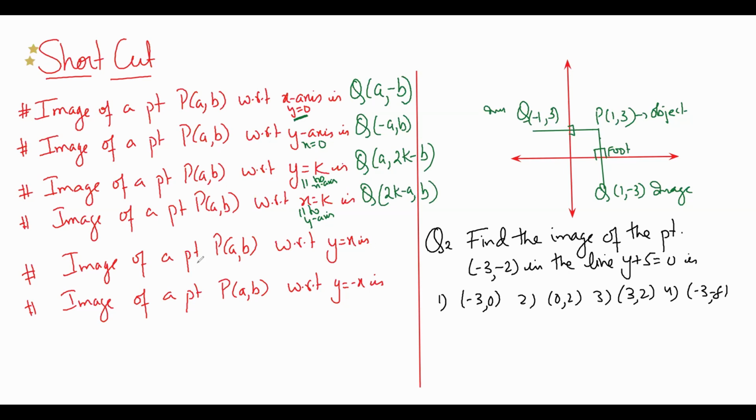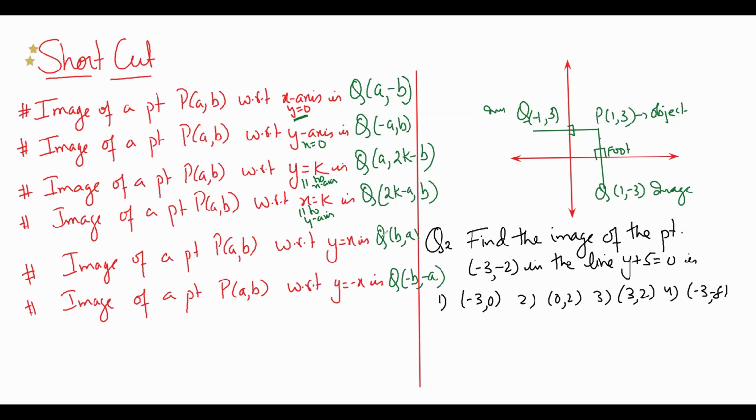Now if you have to find the image of a point (a, b) with respect to y equal to x, this is a bisector of the coordinate axes. The image would be (b, a). If you have to find the image with respect to the other bisector of the coordinate axes, this passes through the second and fourth quadrants, while that passes through the first and third quadrants. Now you just flip the coordinates and change the sign before both.